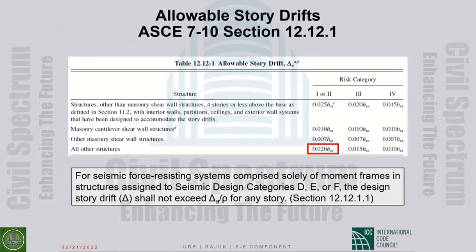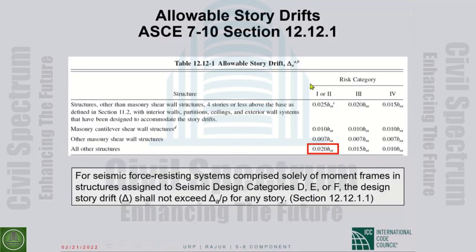Okay. The drift limits are in Table 12.12-1. I showed it to you earlier. I don't know that I need to spend more time on this. Most of the time, as I pointed out, you'll be under all other structures, this last row. And your drift limit is 2% of story height for risk category 1 or 2.